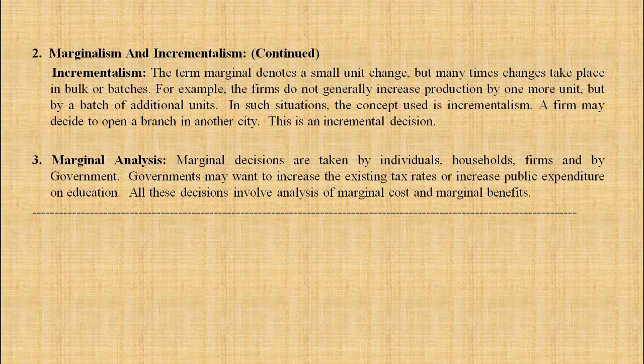If the firm decides to increase the output level, then it will have to work out the marginal cost of producing an additional unit of output and compare this cost with the marginal revenue it will earn by selling the additional output. A rational firm will produce the additional output only if the marginal revenue exceeds marginal cost.